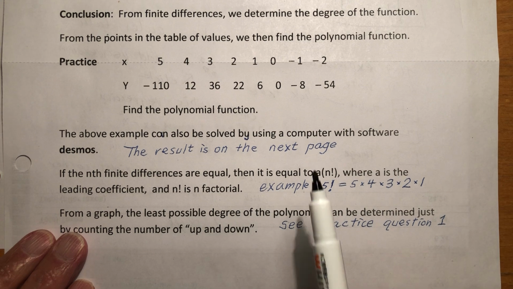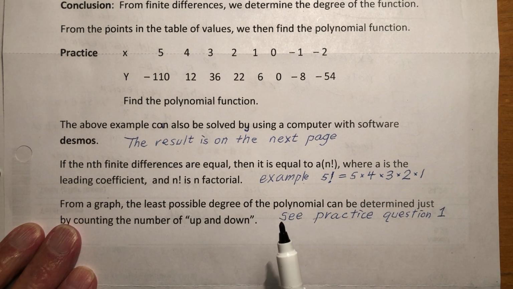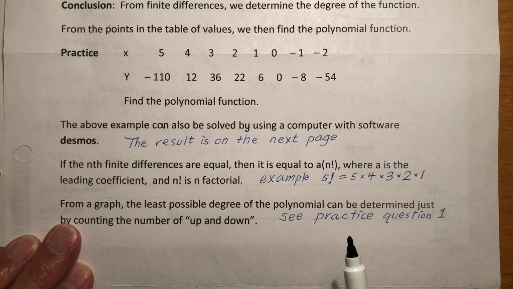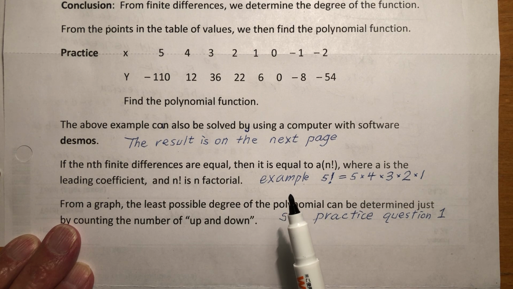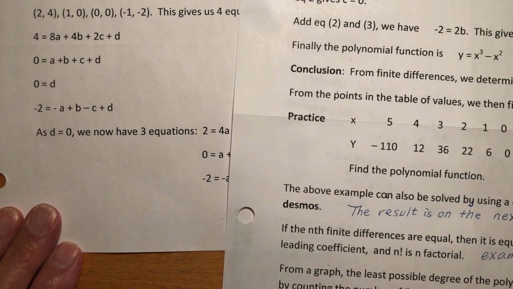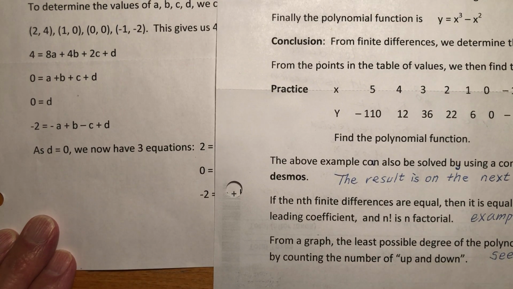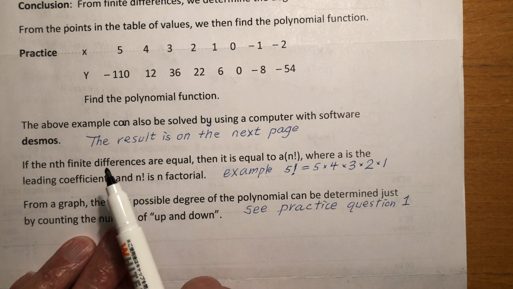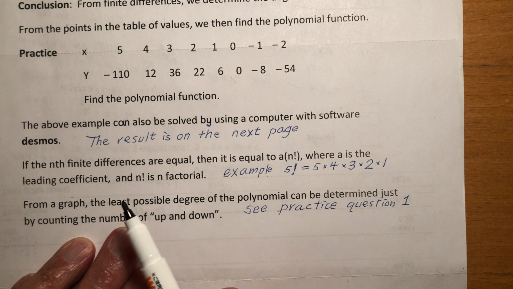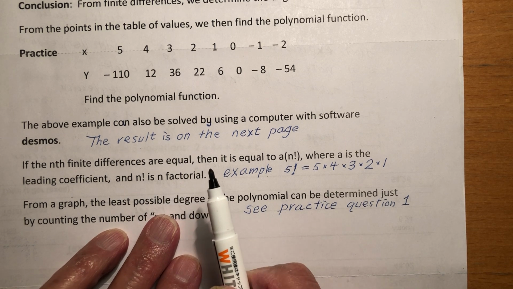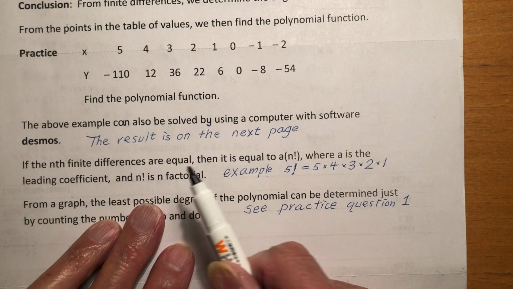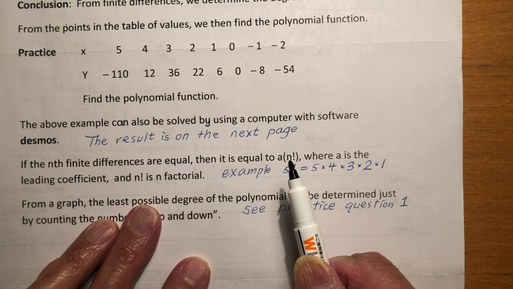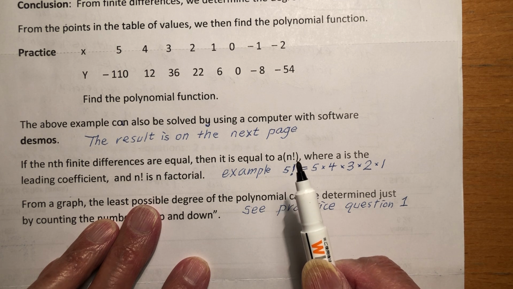Okay. These two remarks just tell you the relation between the leading coefficient and the degree. The leading coefficient and degree have a relation, which I wrote here. The leading coefficient A times the factorial of the degree, n is the degree.